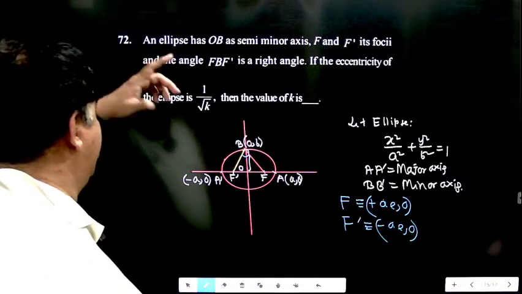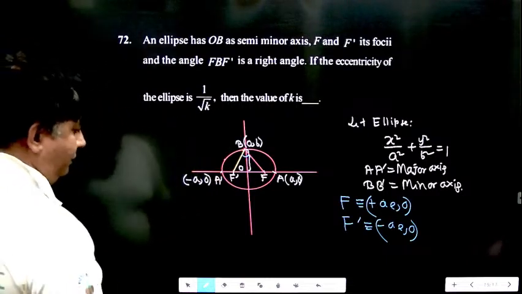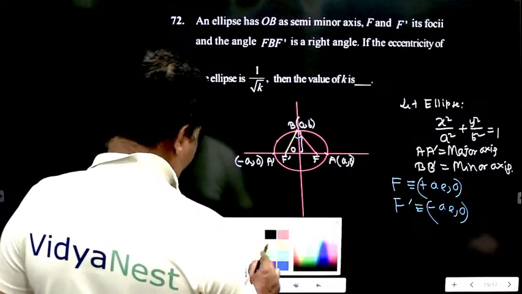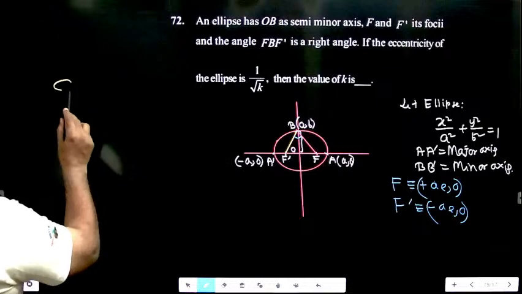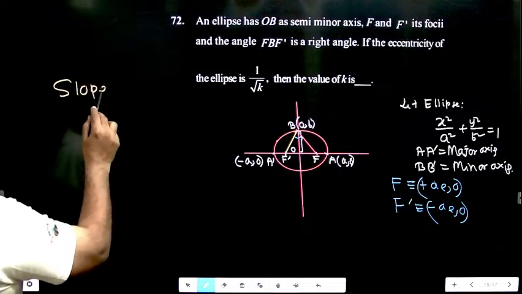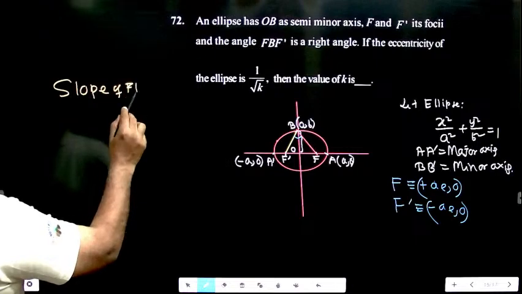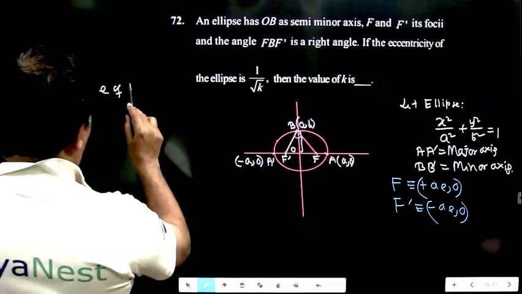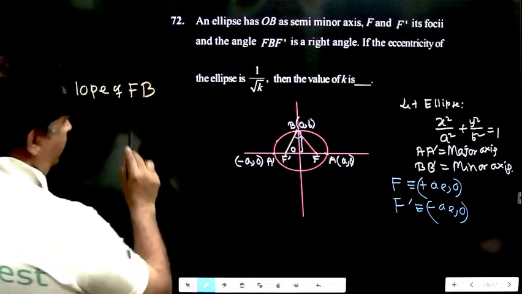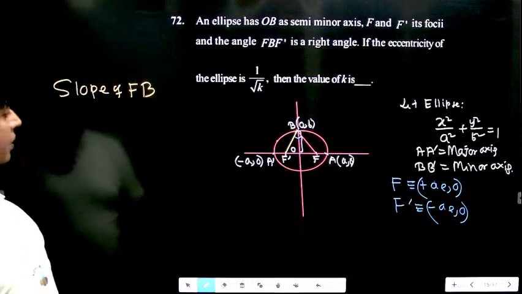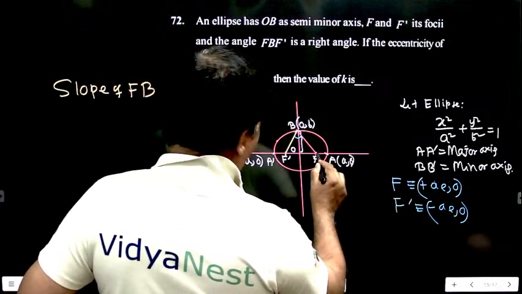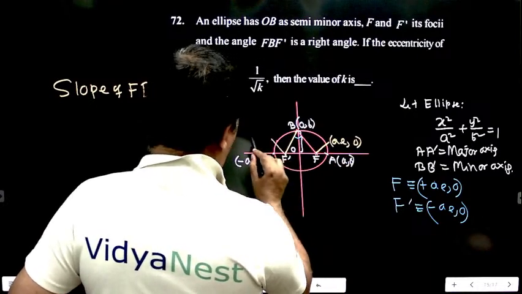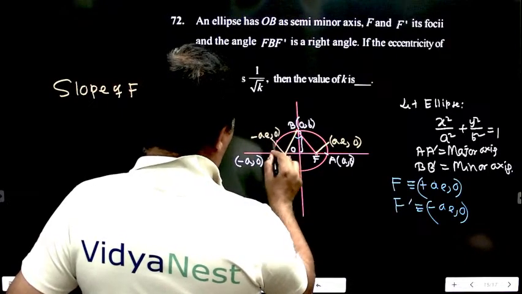Now, what is the slope of FB? F is what? a, 0. This point a, 0, this point minus a, 0.